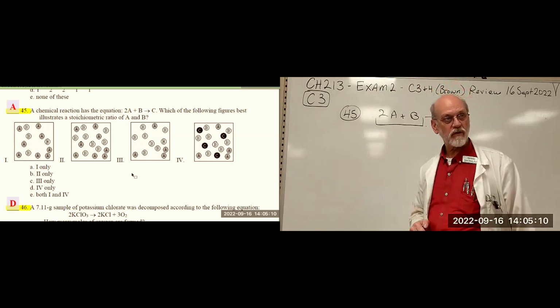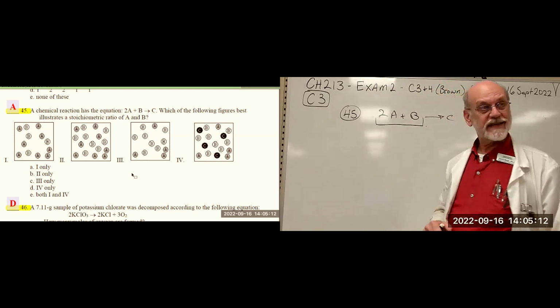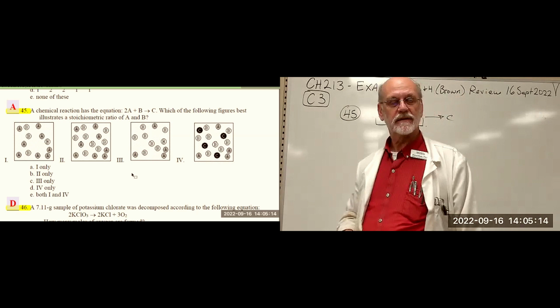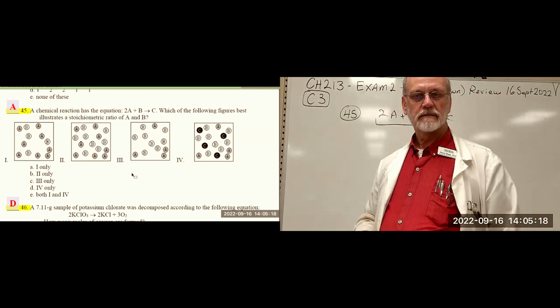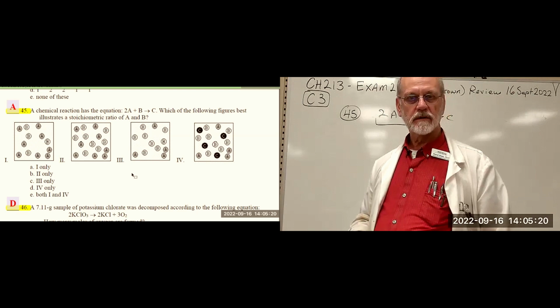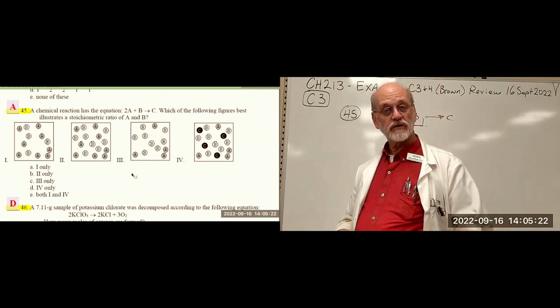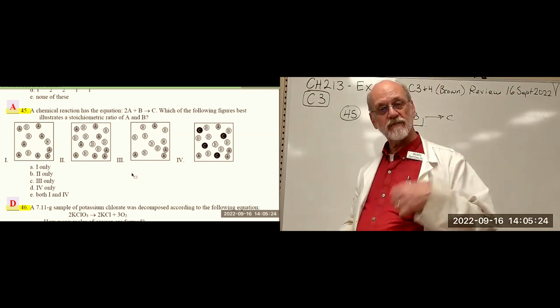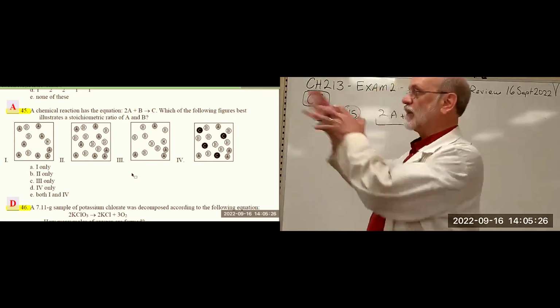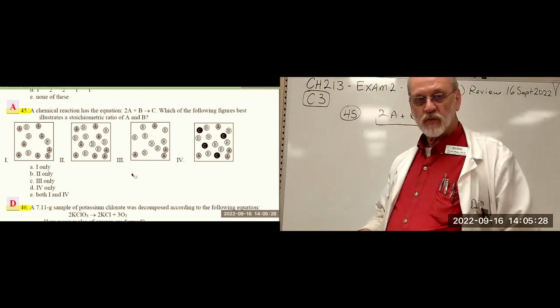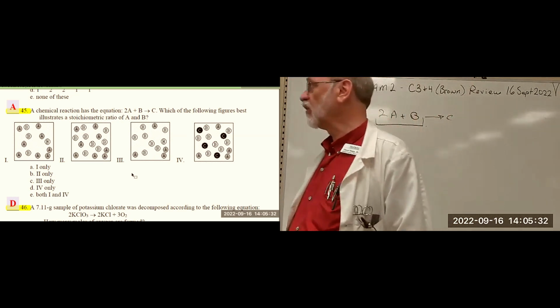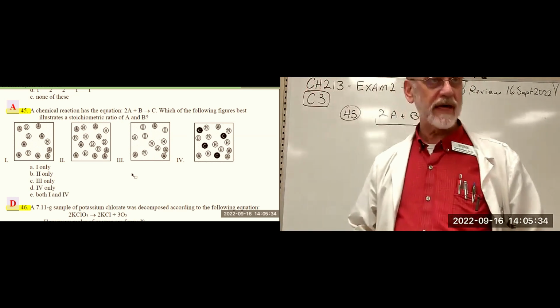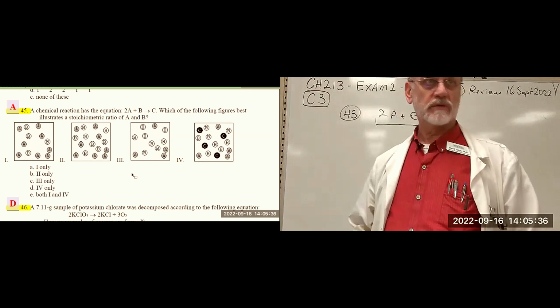That's the stoichiometric ratio. So if it's got C in it, that can't be. So number 4, Roman numeral 4, you just throw it out. It doesn't fit the problem at all. So the rest of them, you want twice as much A as you have B. So you count them up. Which one satisfies? Only one. Roman numeral 1 has a ratio of 2 to 1, A to B. The rest of them don't.